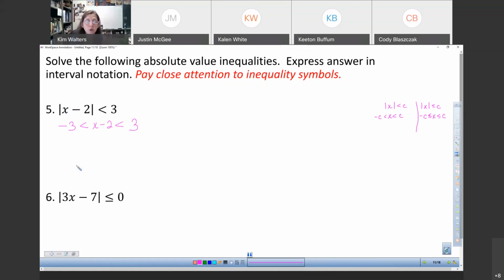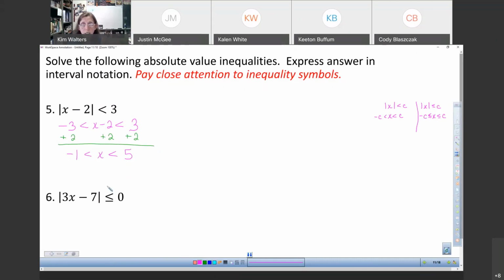And that's why it's so important to do those first. So now to solve this inequality, I'm going to add 2 to everything. So I'm going to add 2 to this end, to the middle, and to this end. And so this is going to give me negative 1 is less than positive x is less than positive 5.